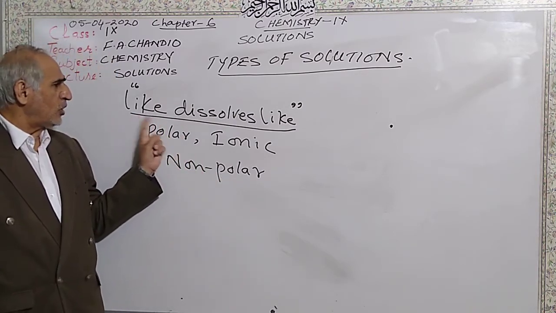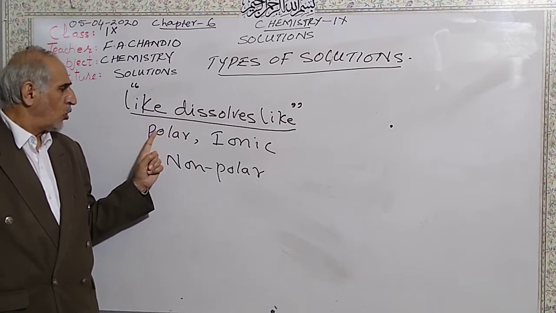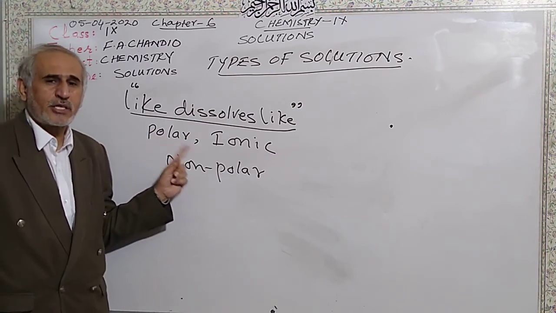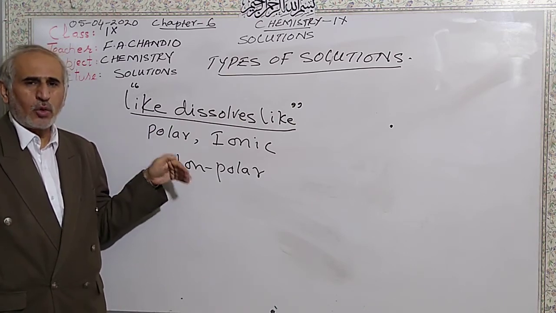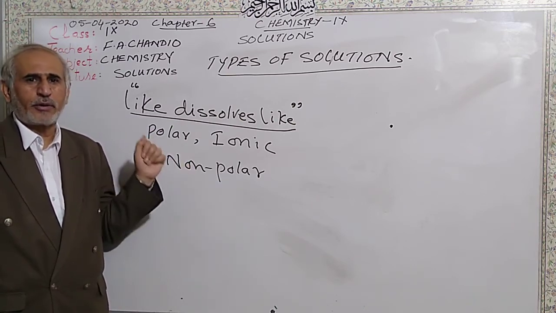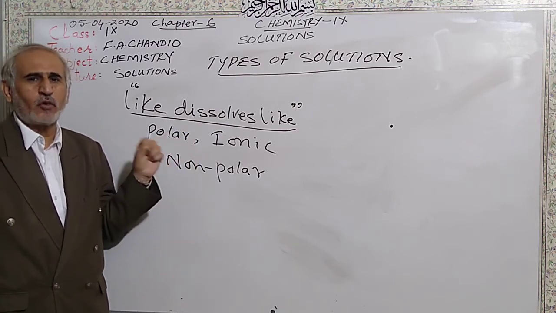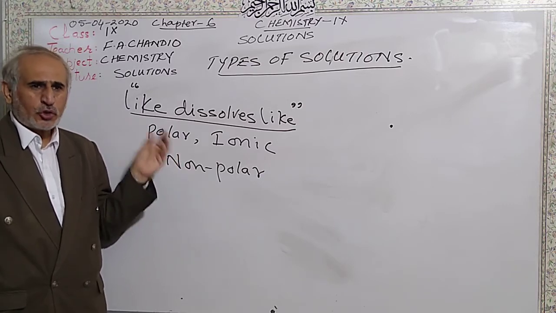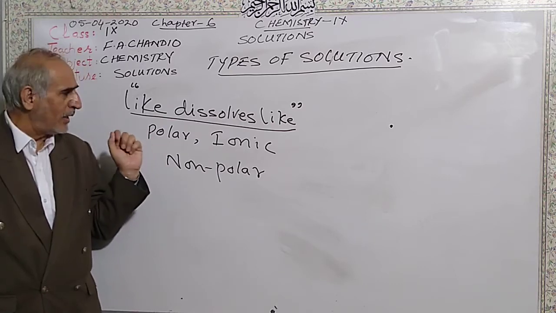So when we use this rule, like dissolves like, polar solutes dissolve in polar solvents. Alcohol, polar, dissolves in water. Acetic acid, polar, dissolves in water. Glucose dissolves in water. Sugar dissolves in water. Polar dissolves in polar.